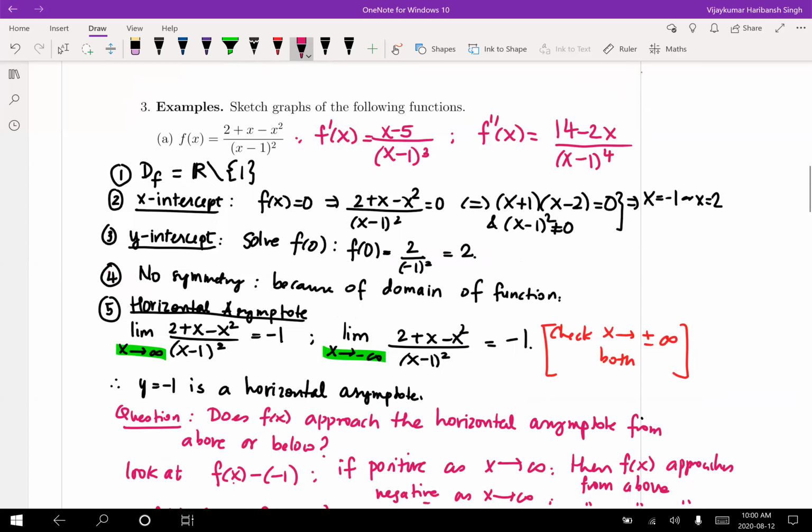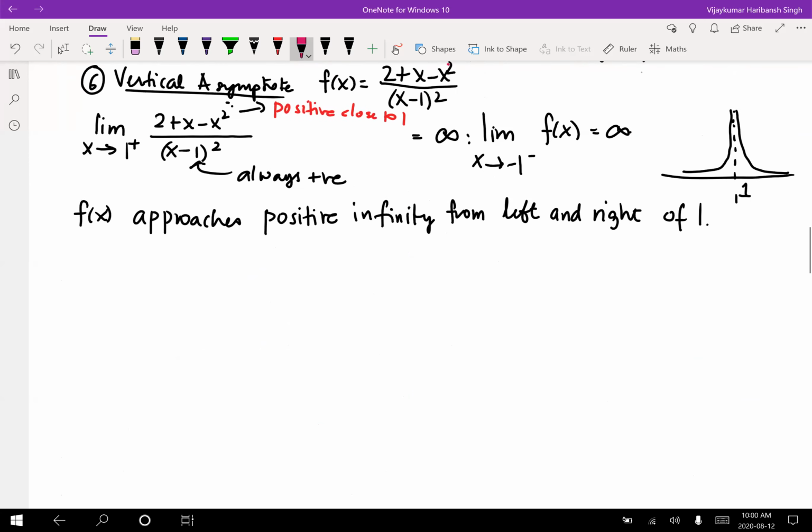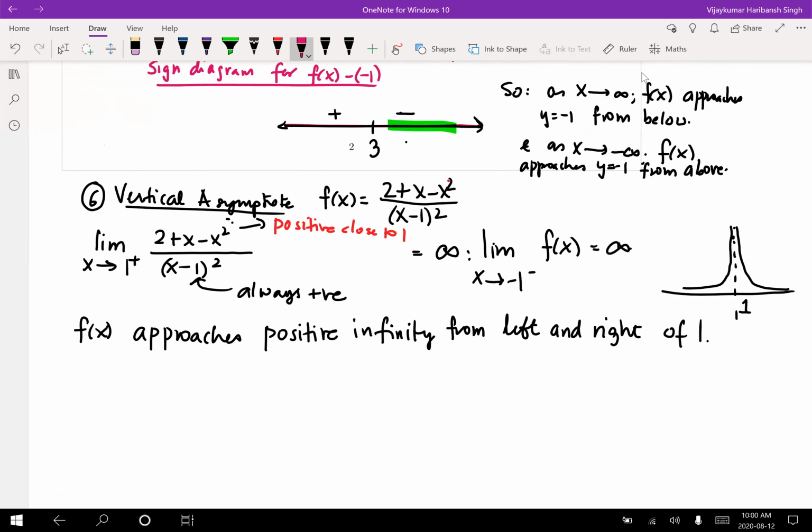So let's proceed on this problem now. Intervals of increase and decrease, right?